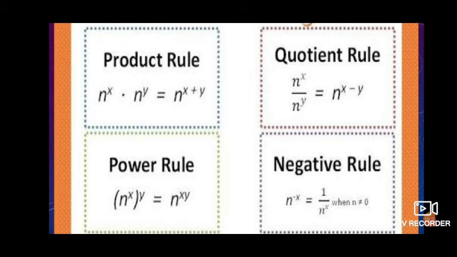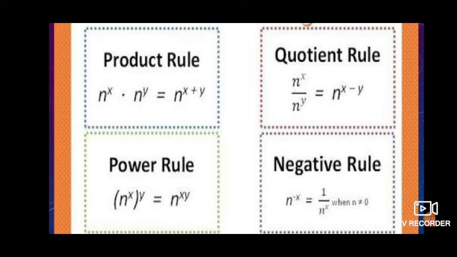Here the first one is the product rule. Product rule means if we have two powers or two exponents with the same base and they are both multiplying. Here you can see n to the power x into n to the power y means n to the power x and n to the power y are in a product. Product means multiplication. In these cases, you can write n to the power x plus y.